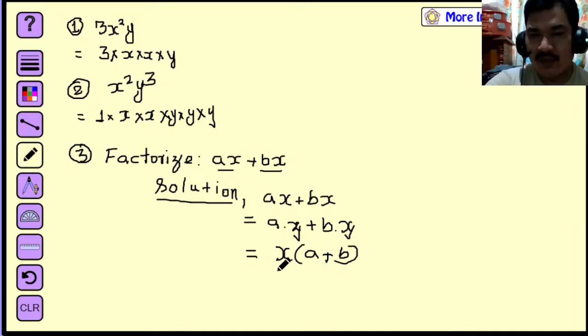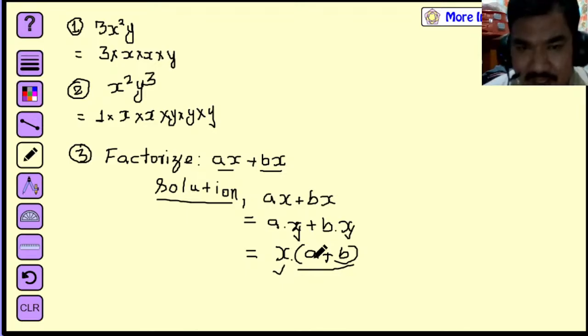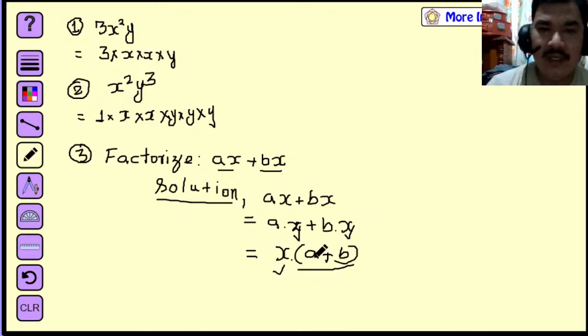Now here is a multiply sign, and this x is one factor, and this a plus b is another factor. Here are the two factors now: one is x and the other is a plus b. In these two terms, we have taken the same factor common, then x remains outside. What is remaining from the first term is written here as a, and what is remaining from the second is written here as plus b, then close the bracket.